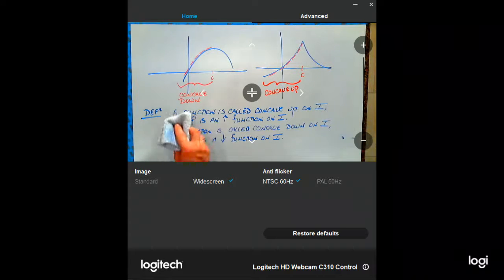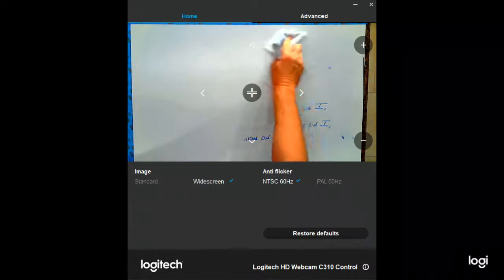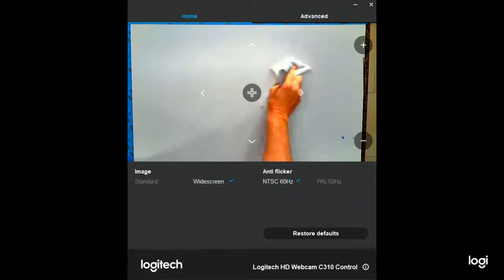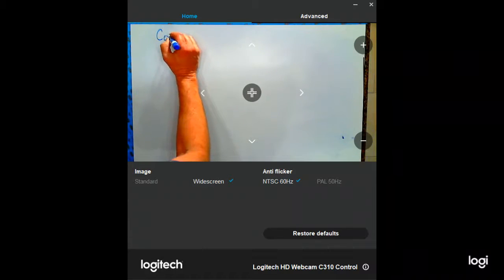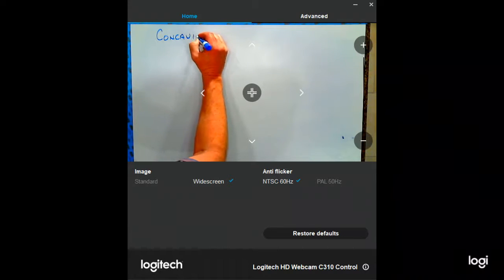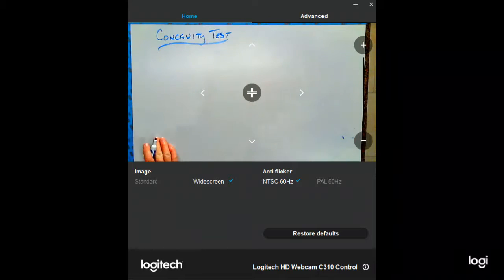So let me erase this. Now, we're able to rephrase that in a much nicer way in something we call the concavity test. Okay, the concavity test. And here's what we say.